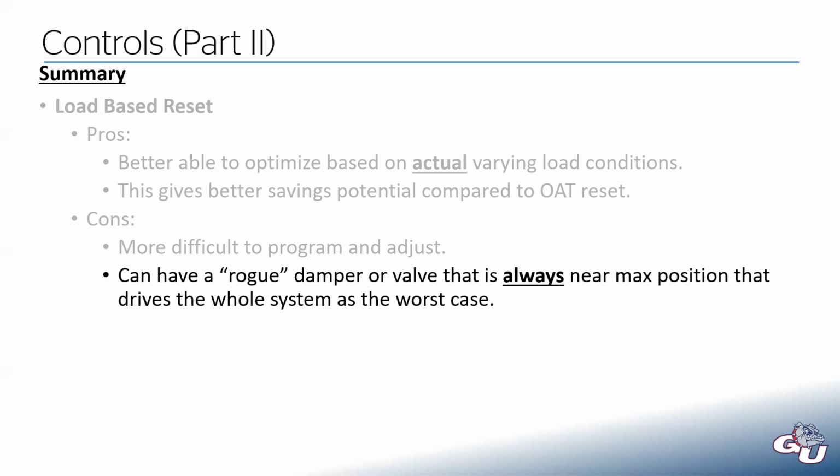Now that one control valve could end up driving this entire strategy and forcing the system to provide 180-degree water no matter what. So that would be a rogue valve. Or you could have the same thing on a VAV box. That would be a rogue damper.